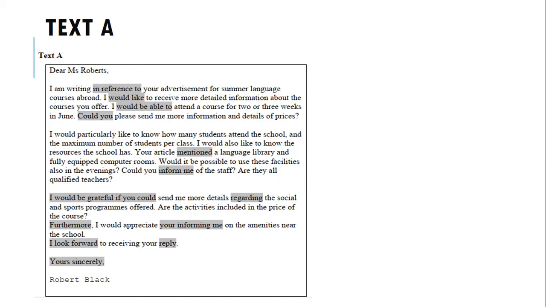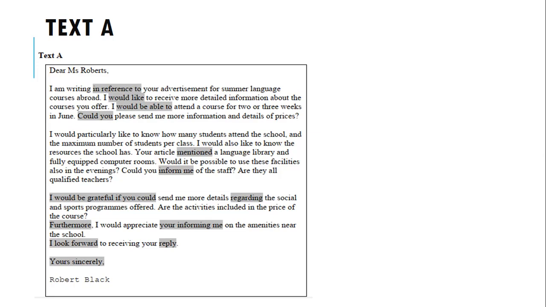Now, another term. One thing that you have to consider is to never ever abbreviate, any kind of abbreviation, or what we call contraction. For example, I would like: you cannot write I'd like. I do not: you cannot write I don't, because this is writing.